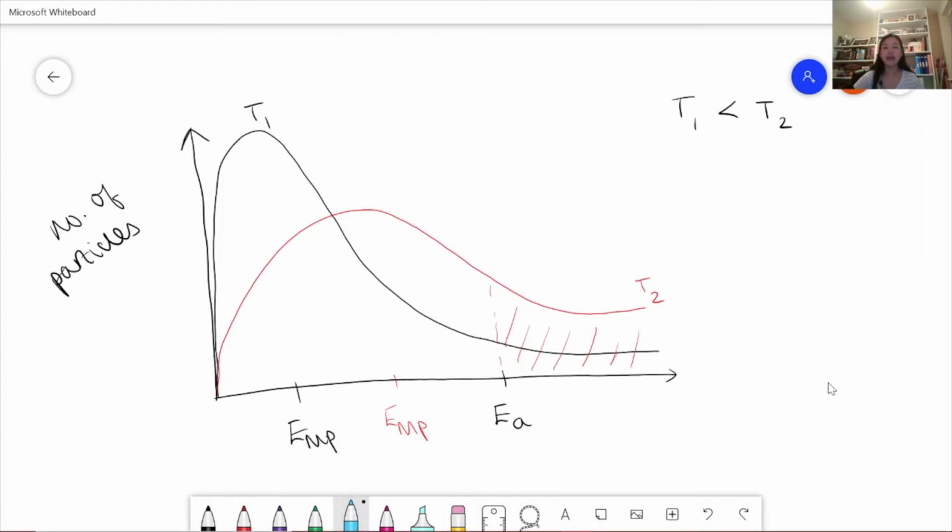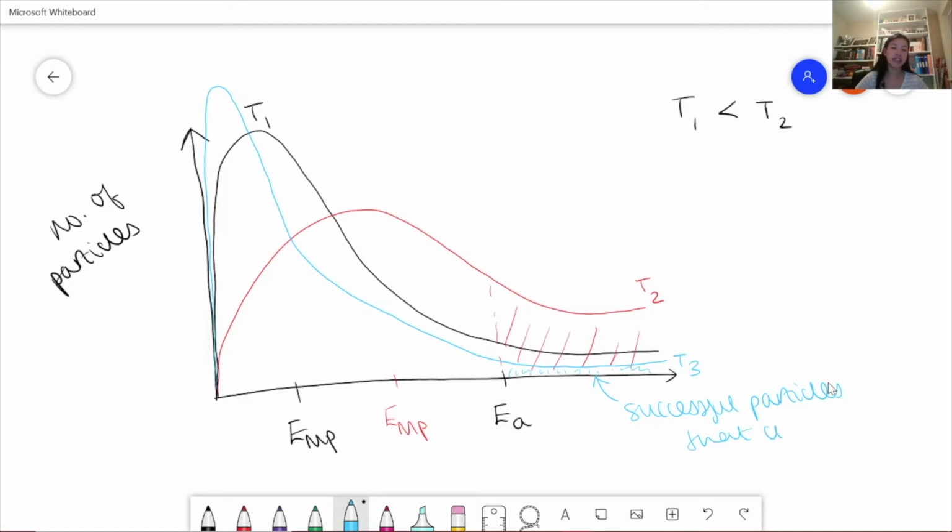If we decrease the temperature, it would actually do the opposite thing. So do something like this. So now, in this little area here, even less of the particles have that activation energy required to react successfully, because it's this area under here. Successful particles that collide.